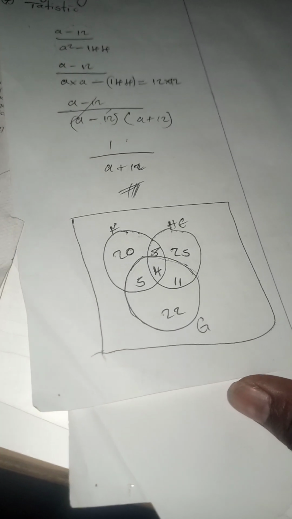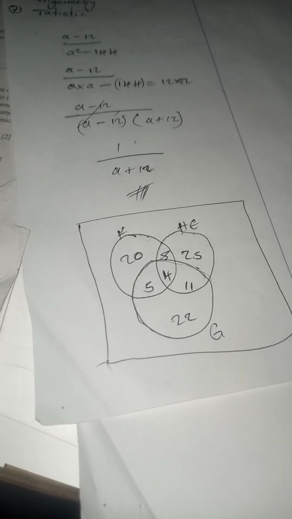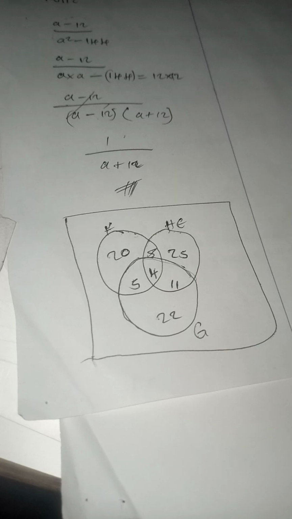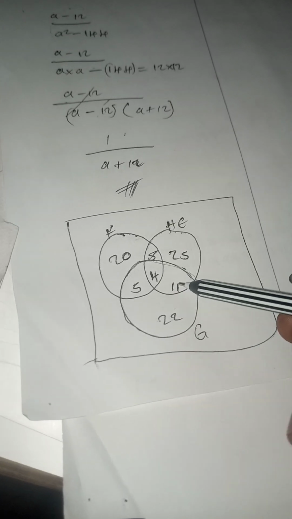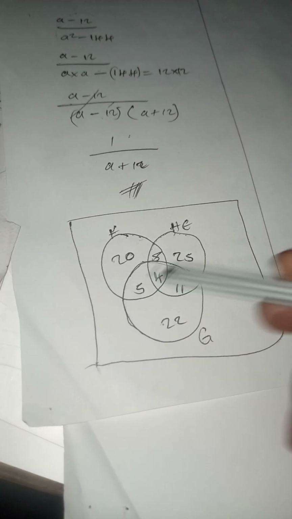C, we are saying that how many grade 12 learners take two optional subjects only? So it should again take you back to those that do the two subjects only. So how many do we have? In this case, we are going to add this 11, this 8 and 5.